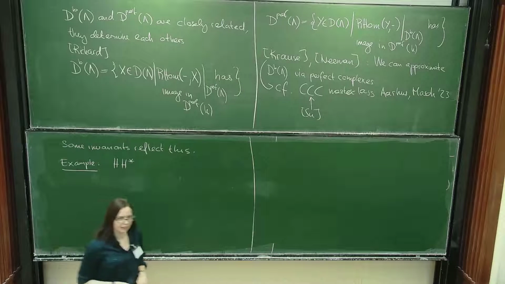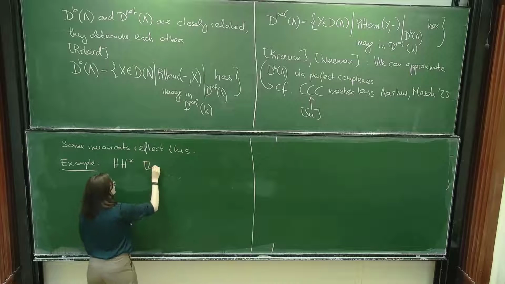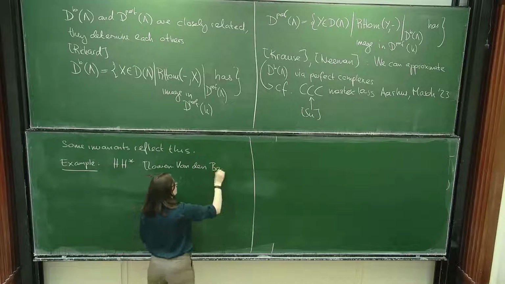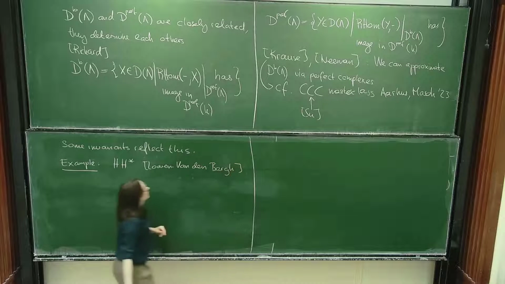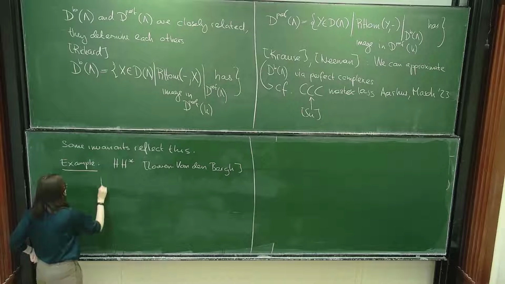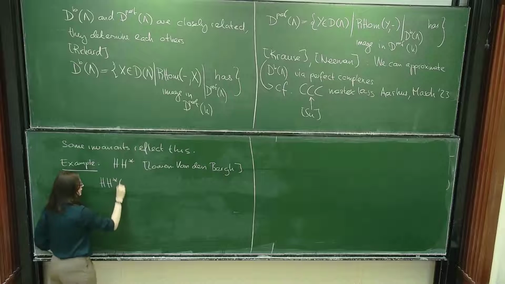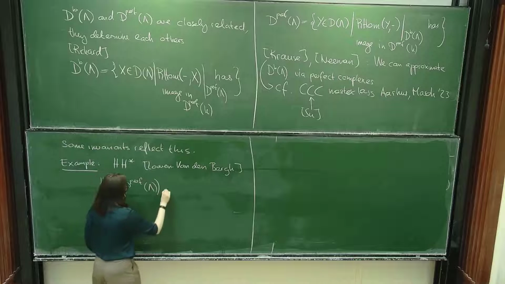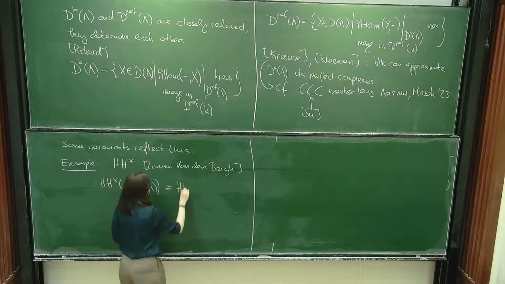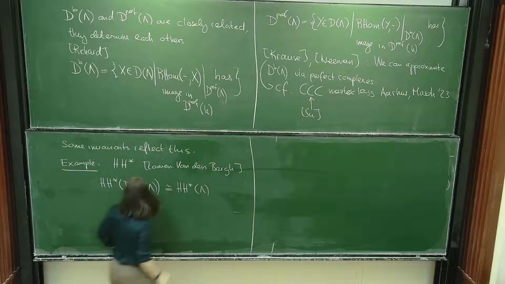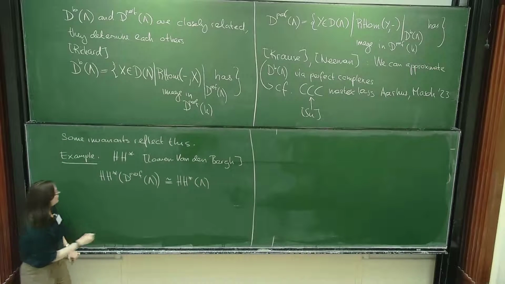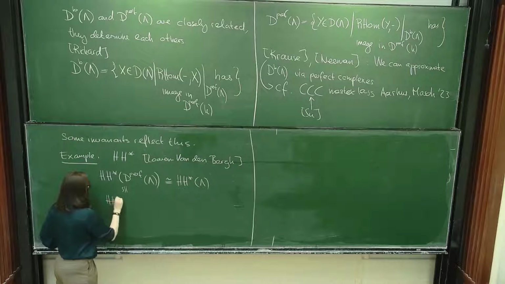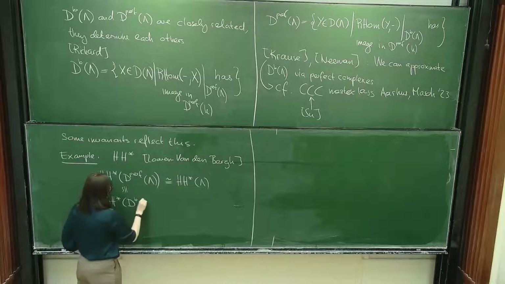And this result is due to Lowen and Van den Bergh. What they tell us is that Hochschild cohomology of perf of lambda is just Hochschild cohomology of lambda. And in particular, when we have a finite dimensional algebra lambda, then this is isomorphic to Hochschild cohomology of dB lambda.